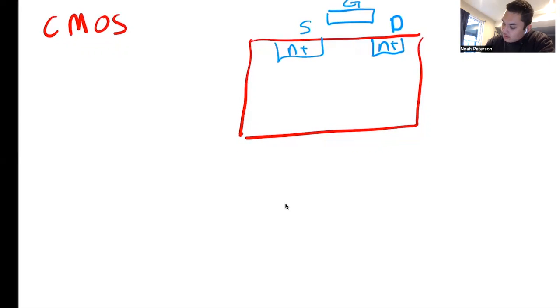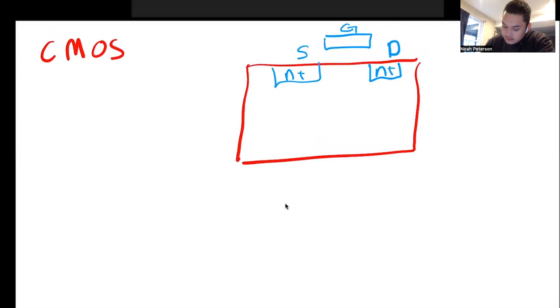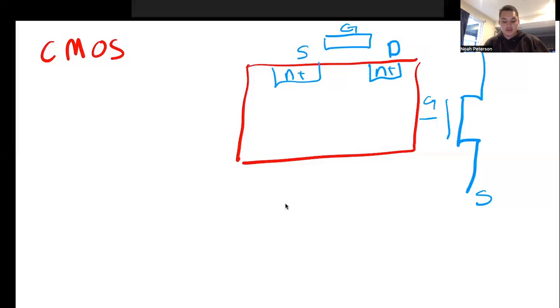And the schematic looks something like this, where this is your gate, this is your drain, and this is your source. What happens here is, this is called a voltage control device.